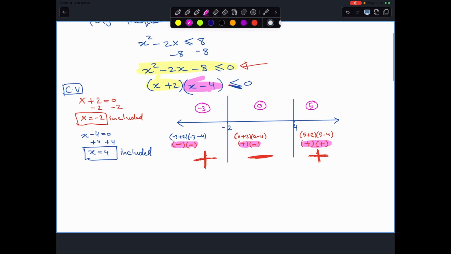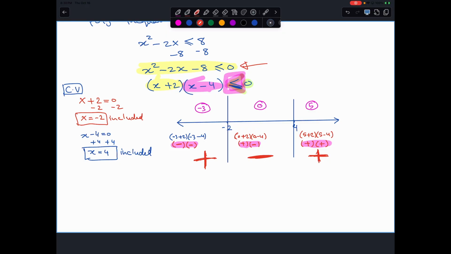Now, based on this inequality and the signs that we came up with, which interval or intervals are the answer? Is it the left or middle or the right? Left and right? Wait a minute. This is less than or equal to 0.